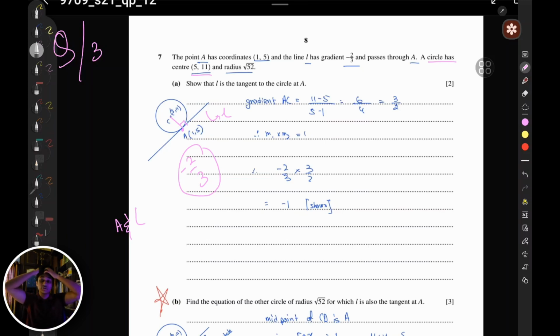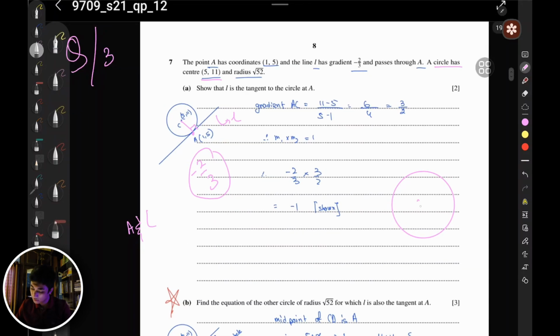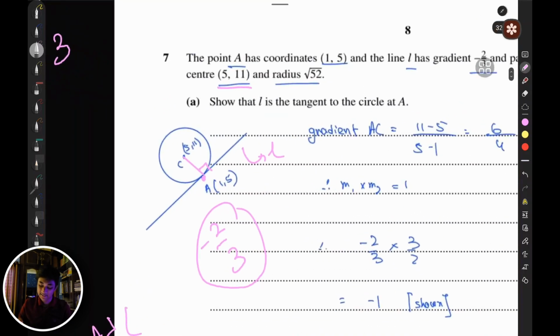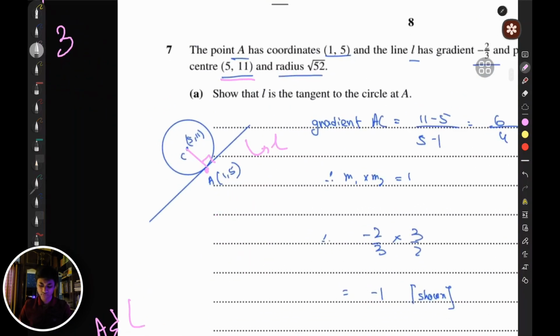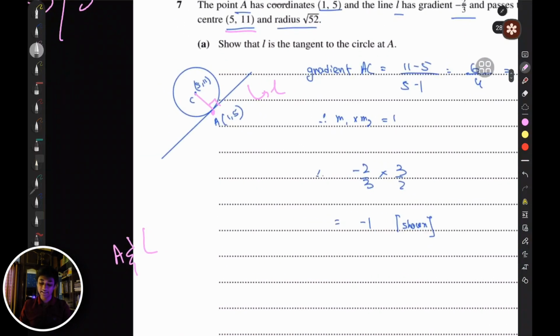Because whenever you have a circle with center C and you have a tangent, the angle between the radius and the tangent is always 90 degrees. So both of them are always perpendicular. Therefore, in this case, the angle between CA and the line is going to be 90 degrees.